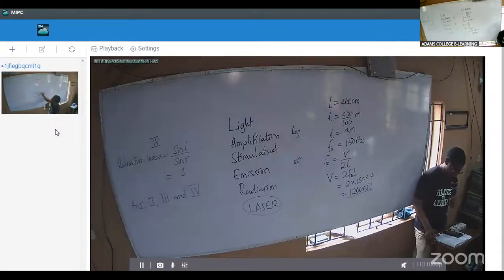Calculate the energy of the photoelectrons.